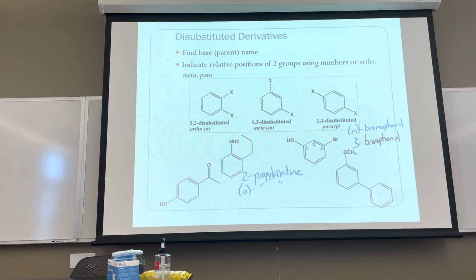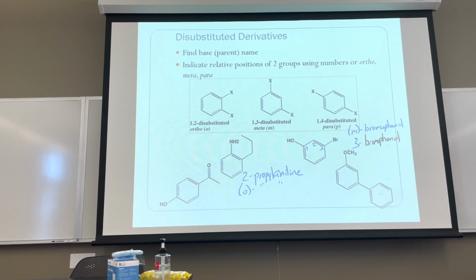When you have a choice like that, you're going to follow the priority rules. All right? So the ketone, well, any carbonyl functional group has priority over anything that's non-carbonyl. So the acetophenone in this case would have priority over the alcohol.